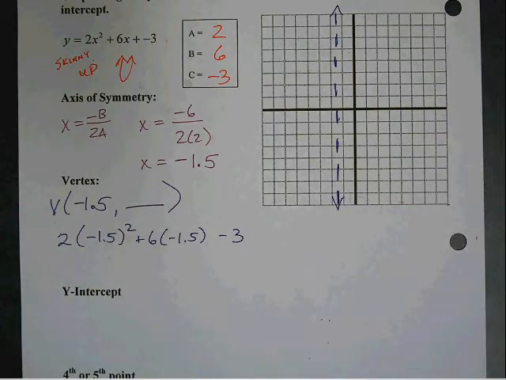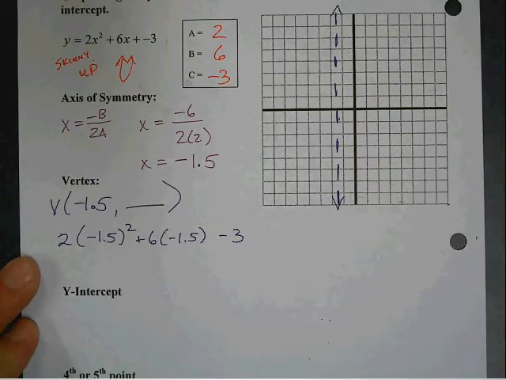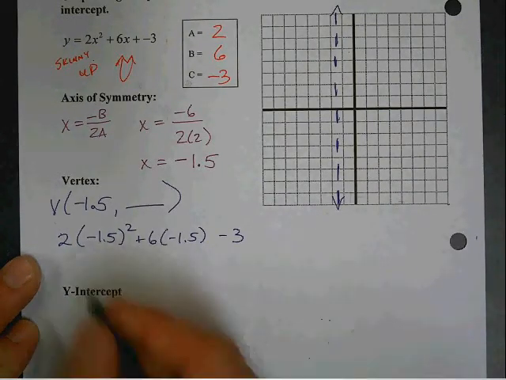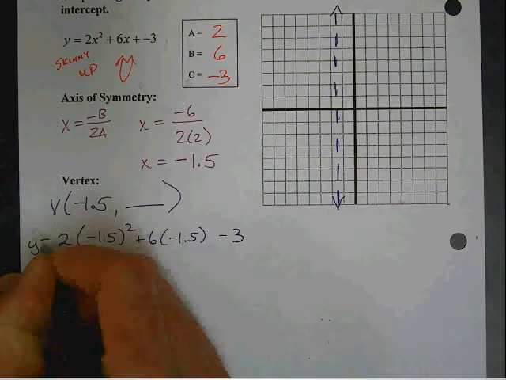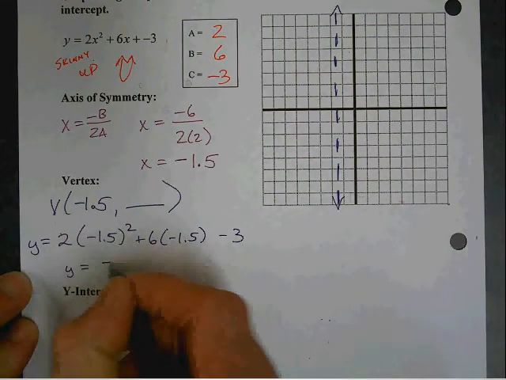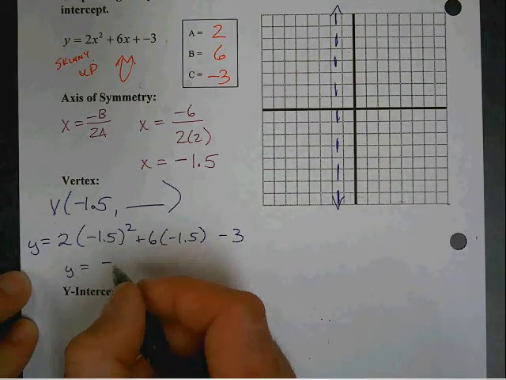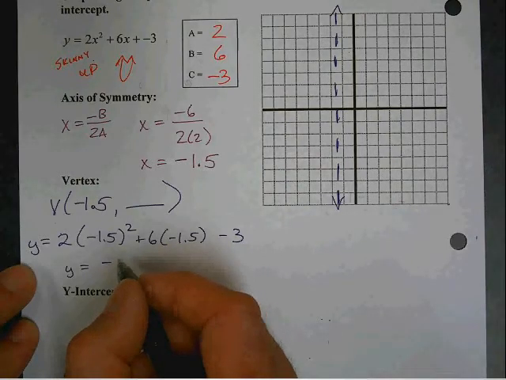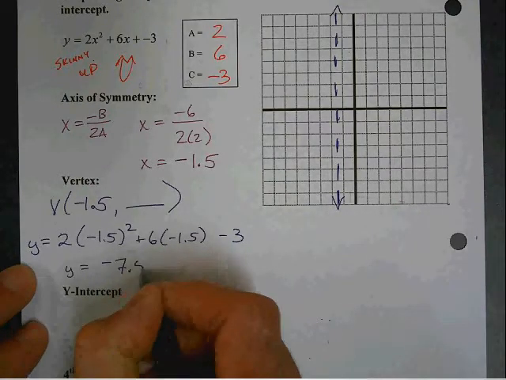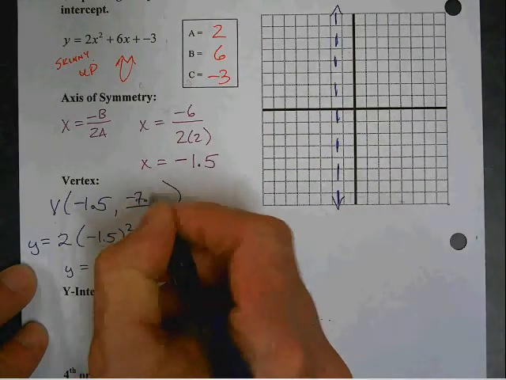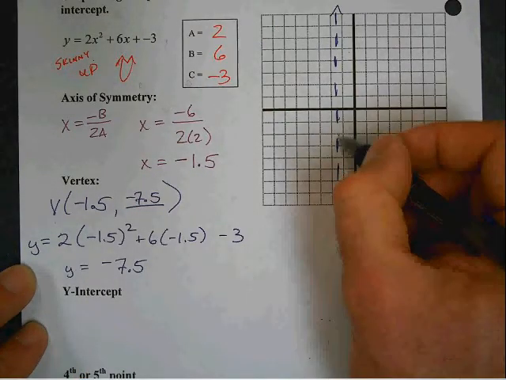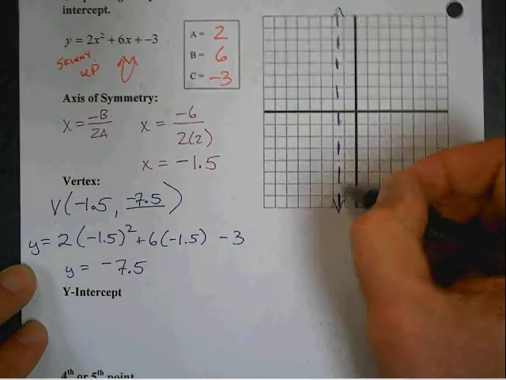Can someone check me? Yep. So we're good, -7.5. 1, 2, 3, 4, 5, 6, 7.5.